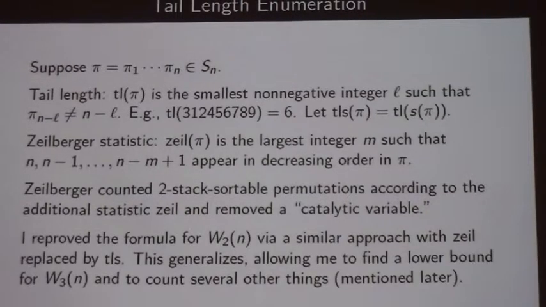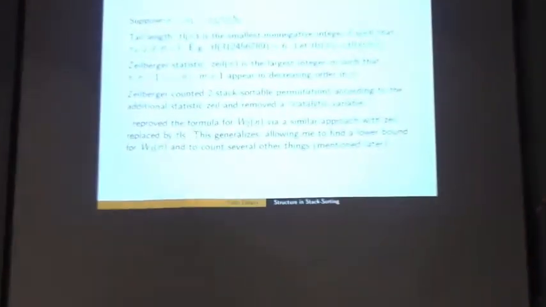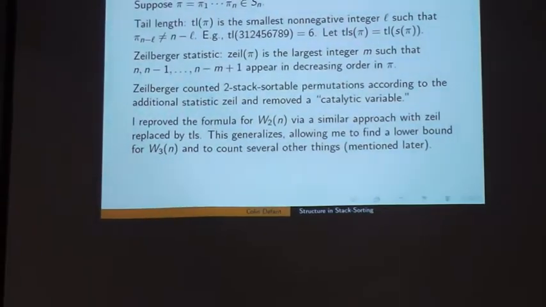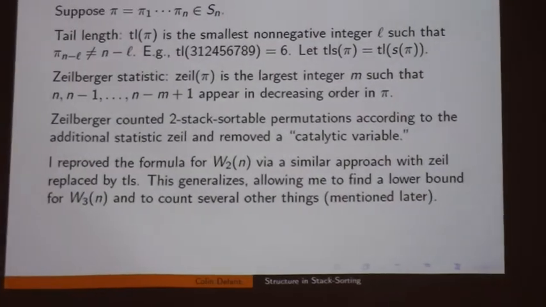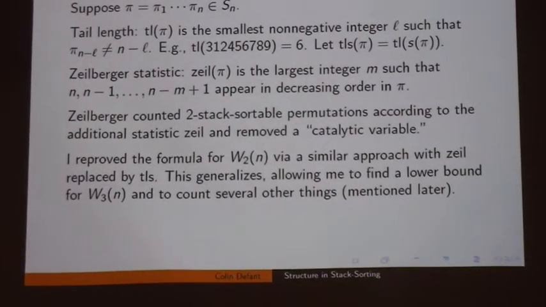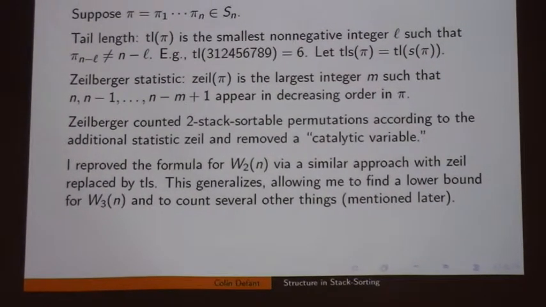Recently I found that I could give a new proof of this formula for w sub 2 of n, and it does the same kind of thing, where we count two-stack sortable permutations according to an additional statistic and then remove some catalytic variable. But this time, instead of the statistic Zeil, I use the statistic TLS. The nice thing about this is that it generalizes and allows me to get a lower bound for the number of 3-stack sortable permutations of length n, and it also allows me to count some other things that I'll talk about toward the end of the talk.